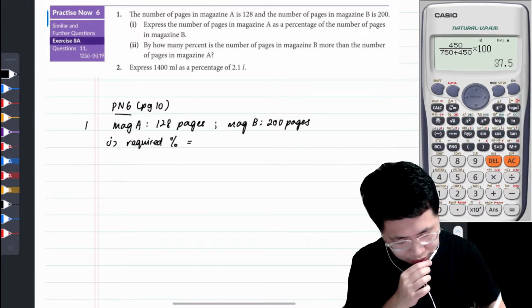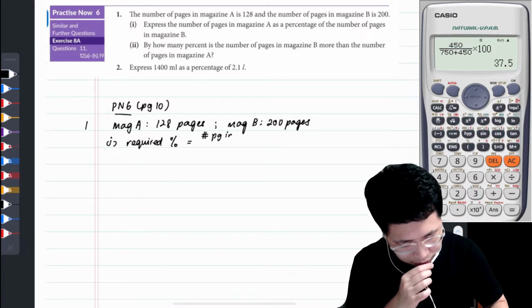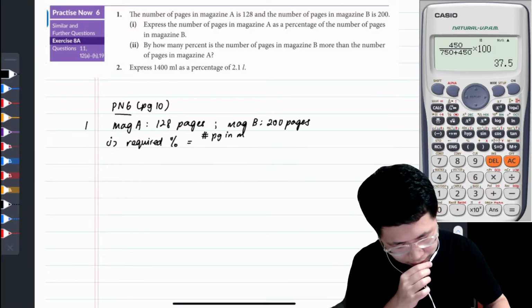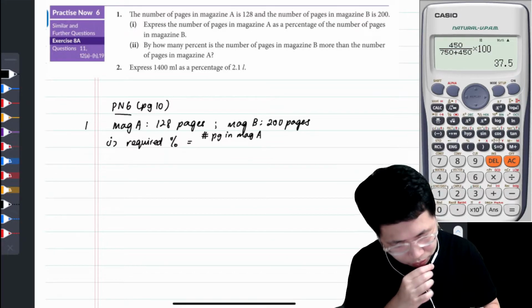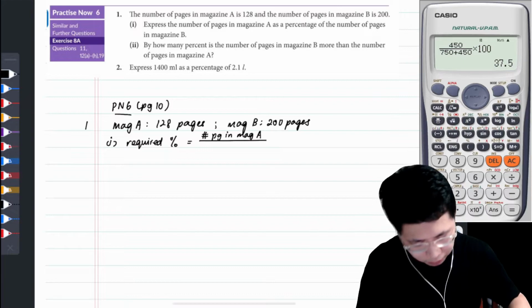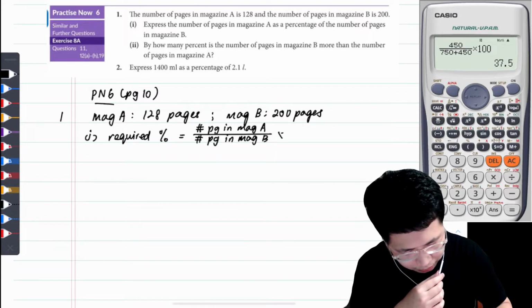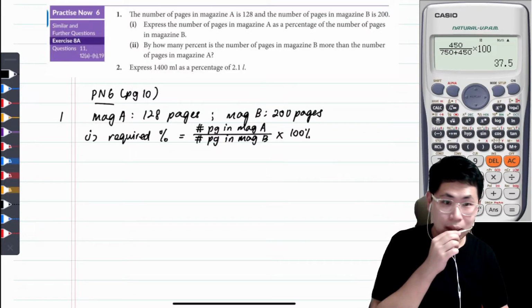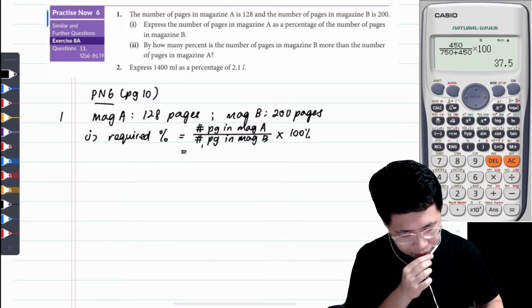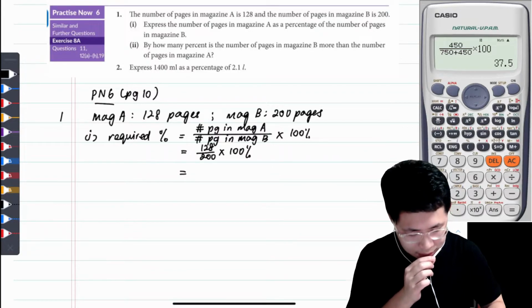The required percentage is, we want to compare the number of pages in magazine A to the number of pages in magazine B. So we have the number of pages in magazine B, and we multiply this by 100%. So we have 128 over 200 multiplied by 100%. So what is this percentage? It is actually 64%.